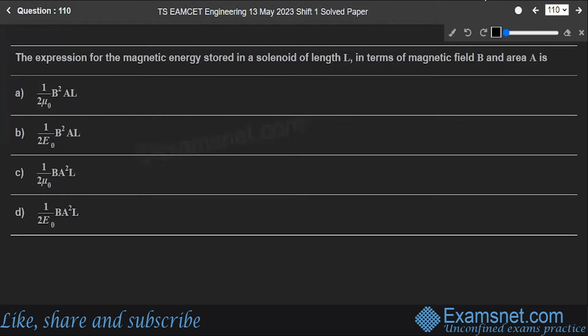Question 110: the expression for the magnetic energy stored in a solenoid of length L in terms of magnetic field B and area A is. Fine.